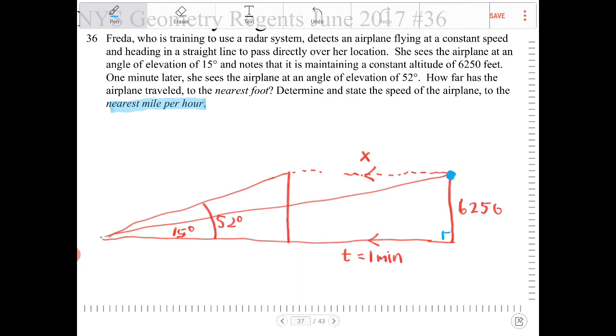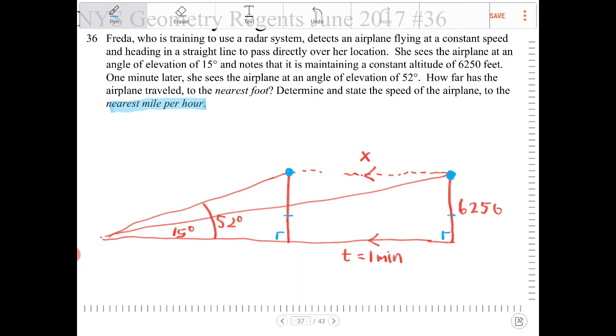A minute later, it will end up over here, still maintaining the same altitude, so still 6,250. So these two altitudes are the same length and still perpendicular.